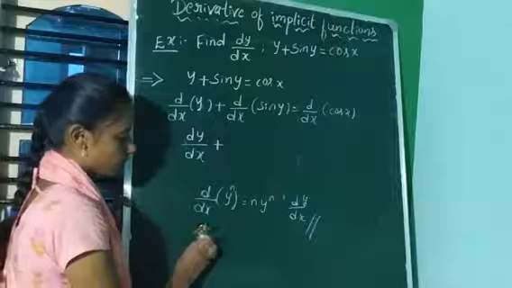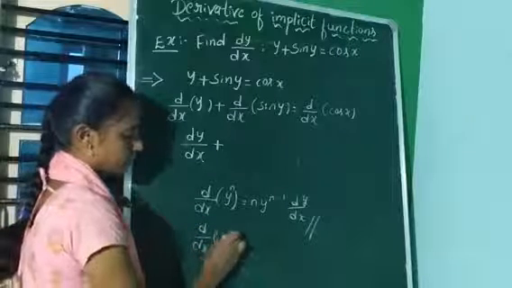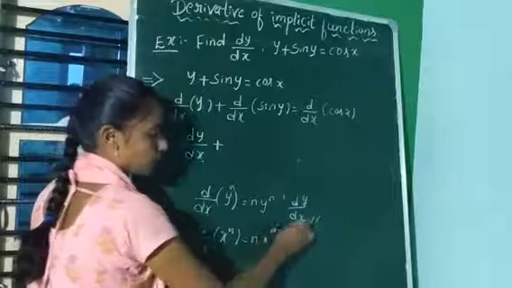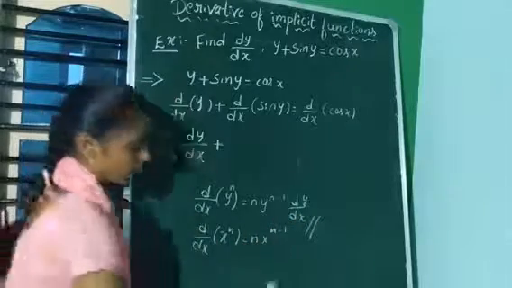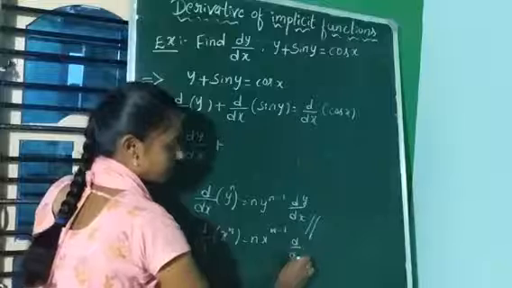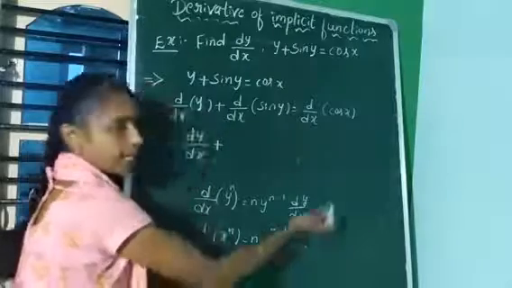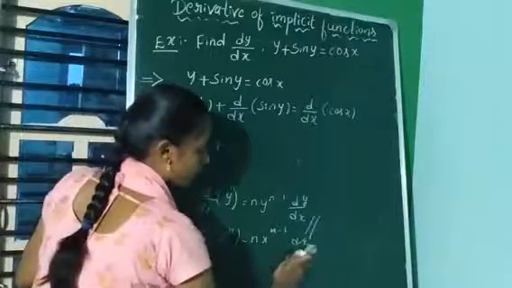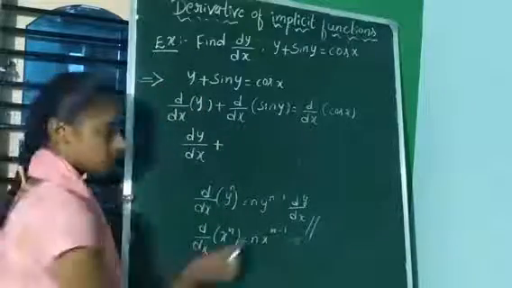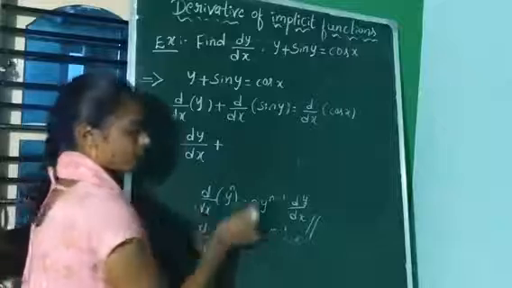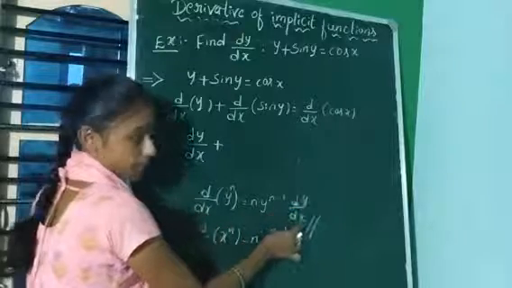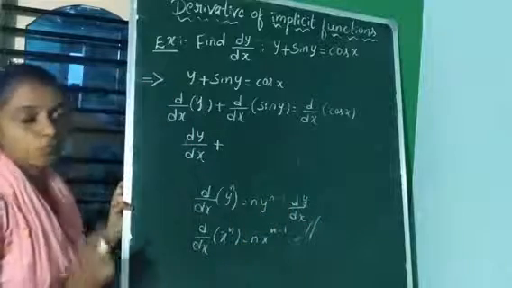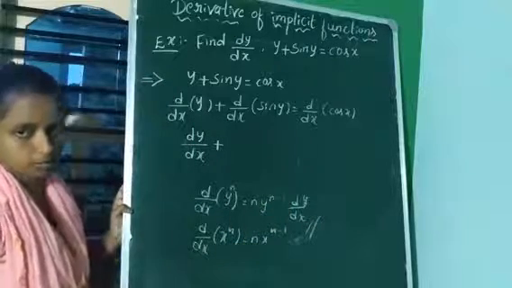As you know, d by dx of x to the power n is n into x to the power n minus 1, but we will not write dx by dx because both get cancelled and you get 1. If it is the variable y and we are differentiating y with respect to x, this is compulsory: you need to write dy by dx.